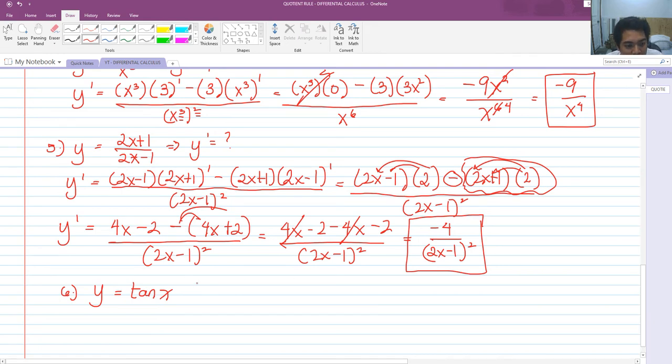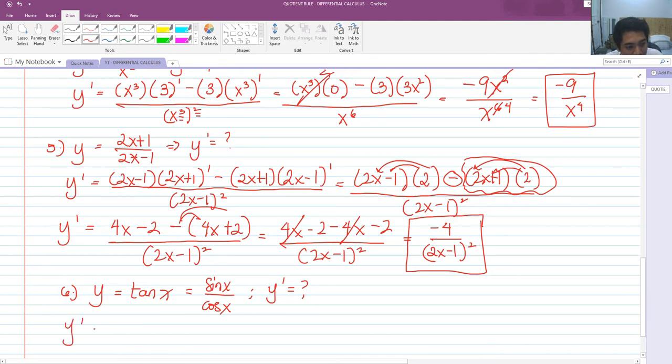So we know that tangent of x is simply equal to sine of x all over cosine of x by identity, of course. So what would be the y prime? Sine of x all over cosine of x is basically a quotient function.